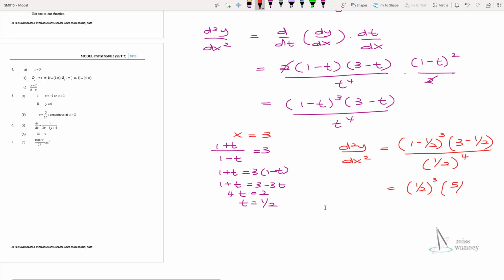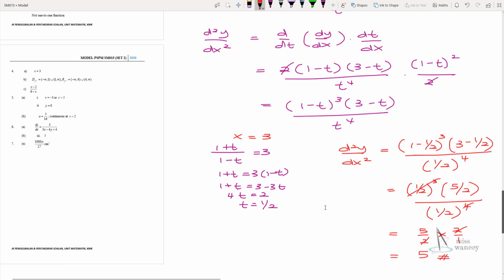So 5 over 2 over 1 over 2 to the power of 4. So if you simplify the power, you're going to end up with 5 over 2 over 1 over 2. So 5 over 2 times 2 over 1. So cancel out the 2, we will be left with 5. So that is the answer for number 3.